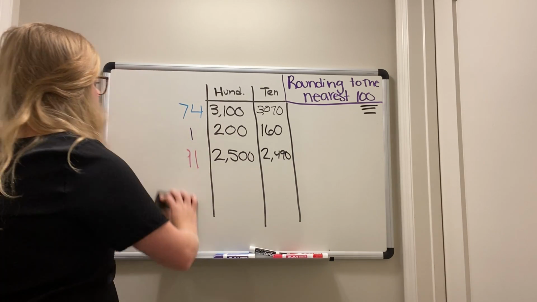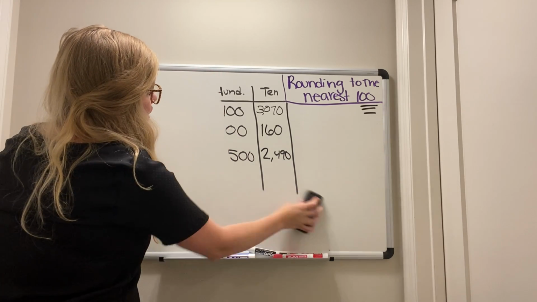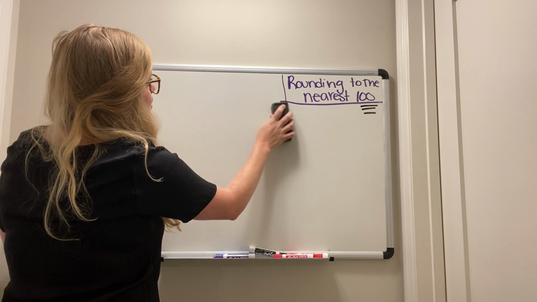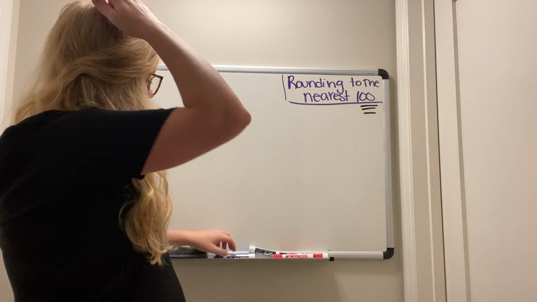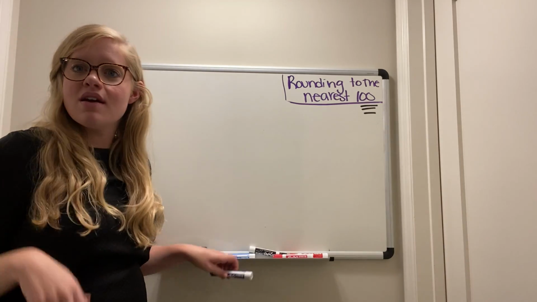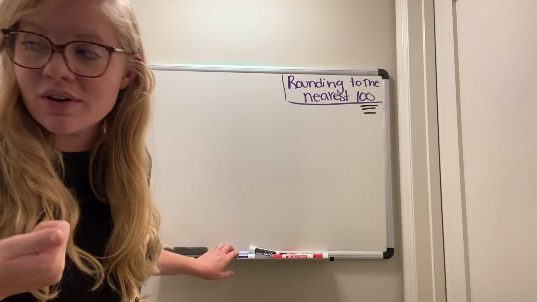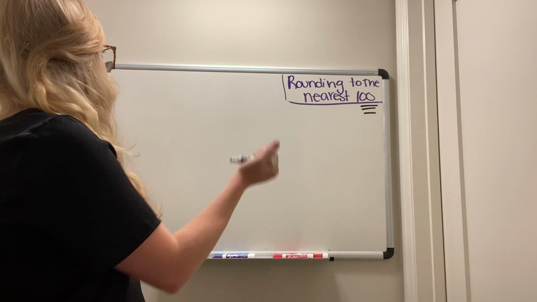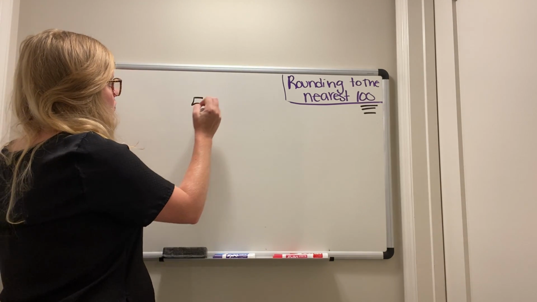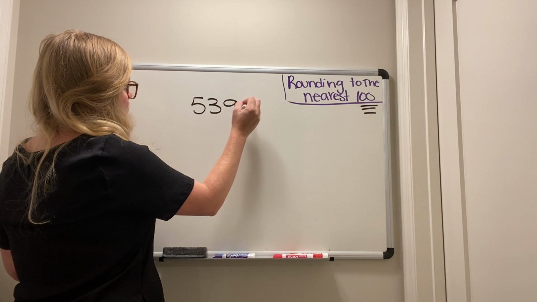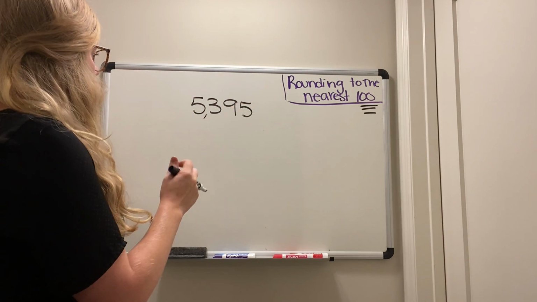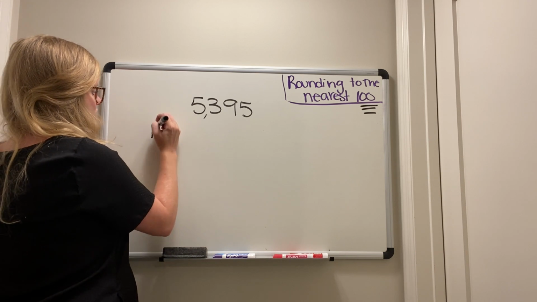Now, I have one more challenge. It's going to be just like that last one, because that last one was actually pretty tricky. If you did great on that last one, awesome. Here's your next one that'll challenge your brain. 5,395. I want you to round this to the nearest hundred.